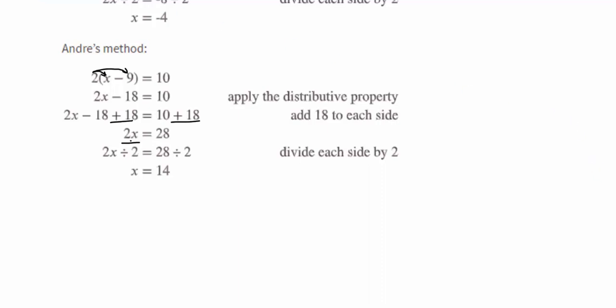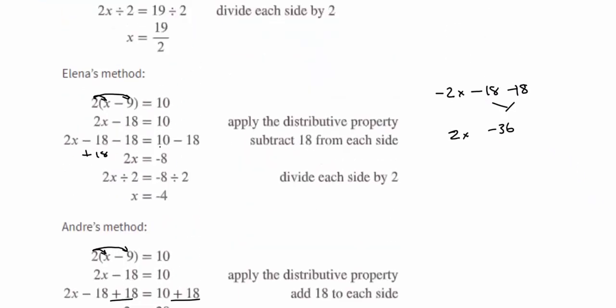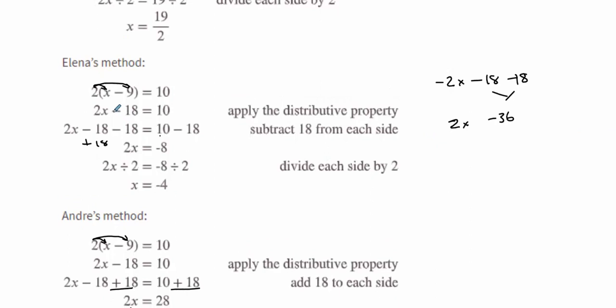So some things you want to watch out for: if you subtract 18, you want to add 18. Or subtract a number, you want to add the number. You want to do the opposite so that you cancel that out and you end up with just the x's. And you want to do that to both sides.